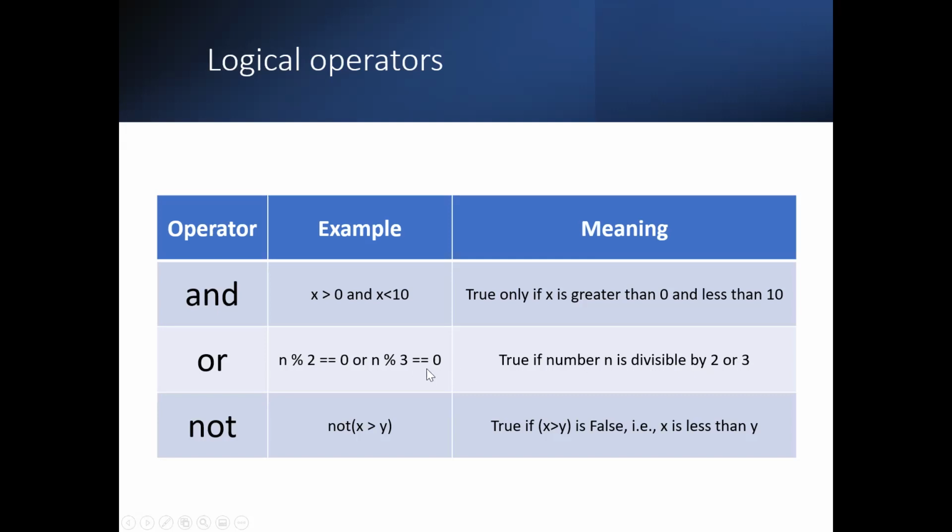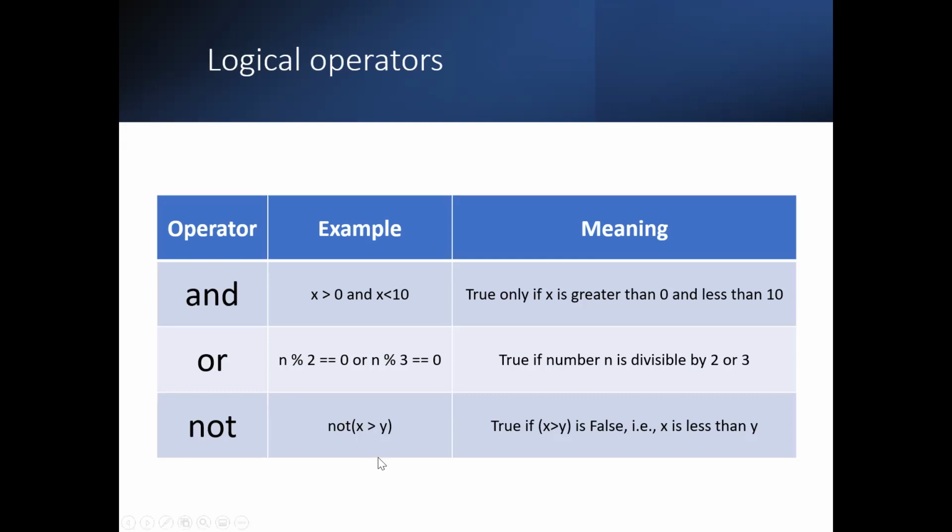For divisibility, we can check when you divide by a number, if the remainder is 0, we know that it's divisible. So this first statement checks whether n is divisible by 2 or divisible by 3. If one of these evaluates true, the whole expression evaluates true for OR.